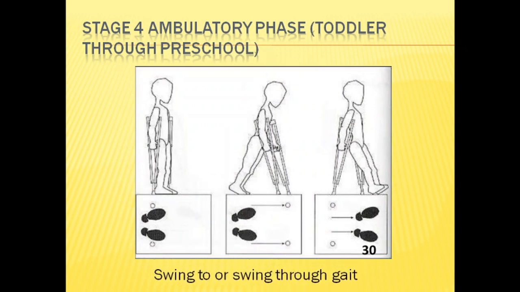So when the child does not require a walker, but still needs some sort of support for walking, we can use crutches with appropriate orthosis. For crutches, initially we can teach swing to or swing through gait. So what is it? You learn this in the first year.